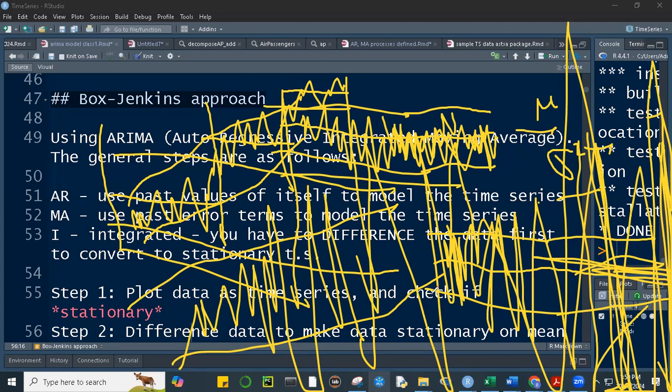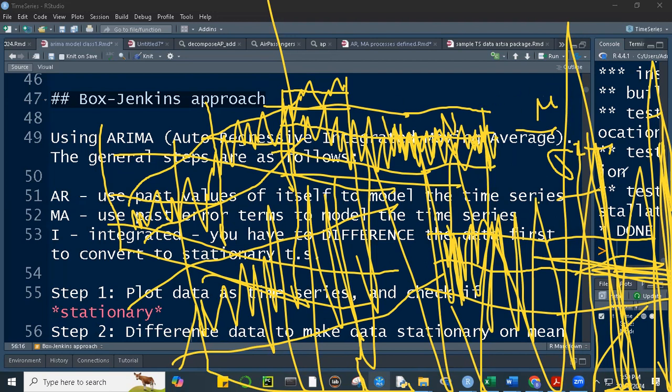The mean is not constant. The mean around this period is around this one, but when you go here, the mean is now higher. Here, it's higher still. And then the variance, the fluctuations, are not constant. So in this case, you have non-constant mean, non-constant variance, and it's non-stationary.